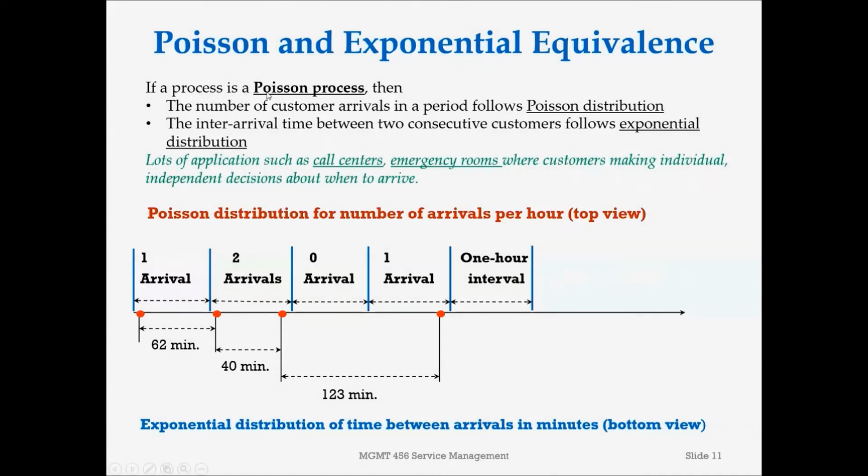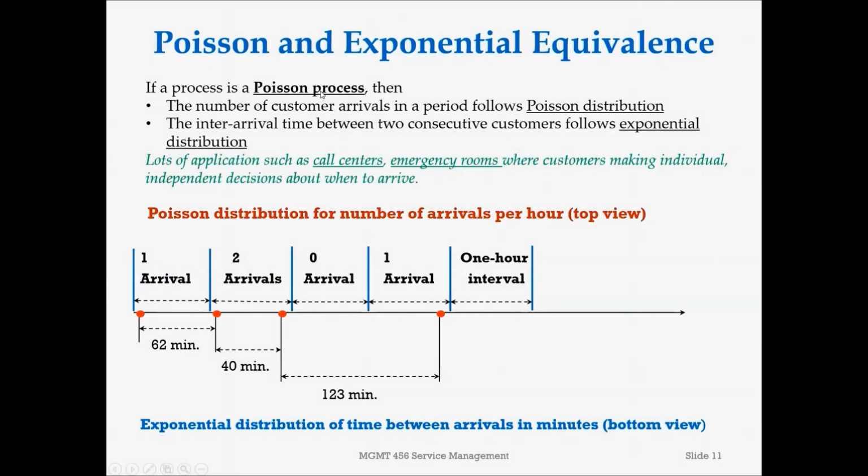If a process is a Poisson process, then the number of customer arrivals in a period follows a Poisson distribution. The inter-arrival time between two consecutive customers follows an exponential distribution. So these two distributions are different, but they model the same process.